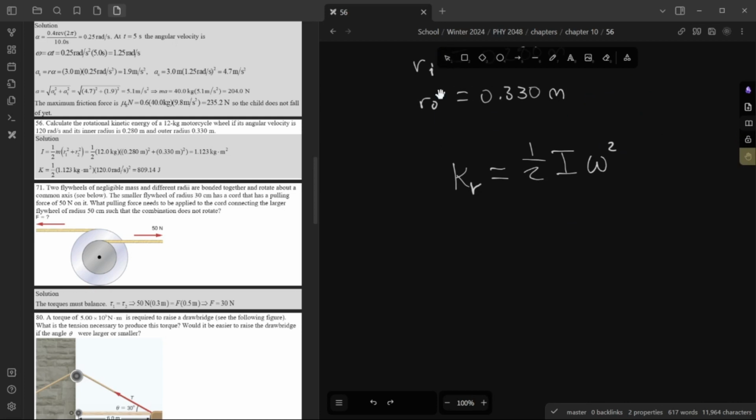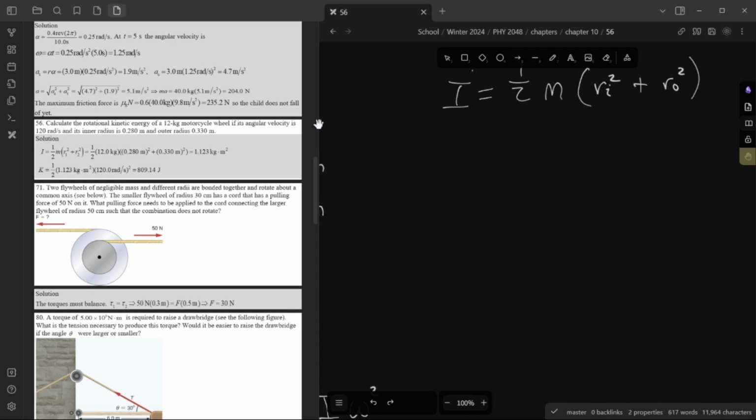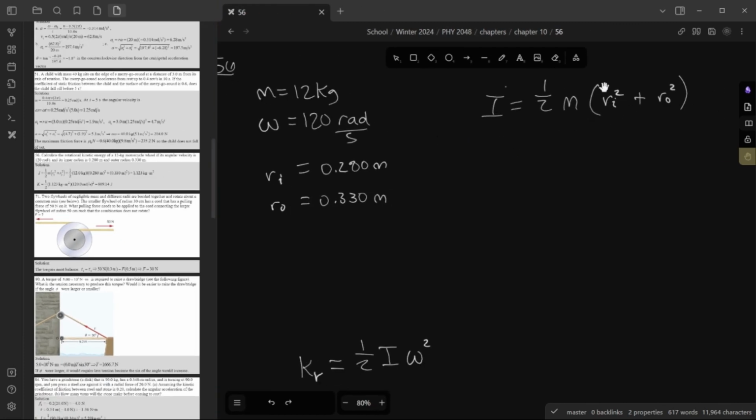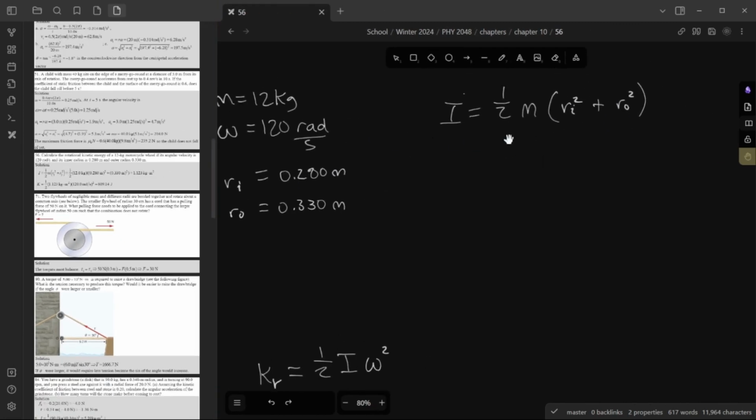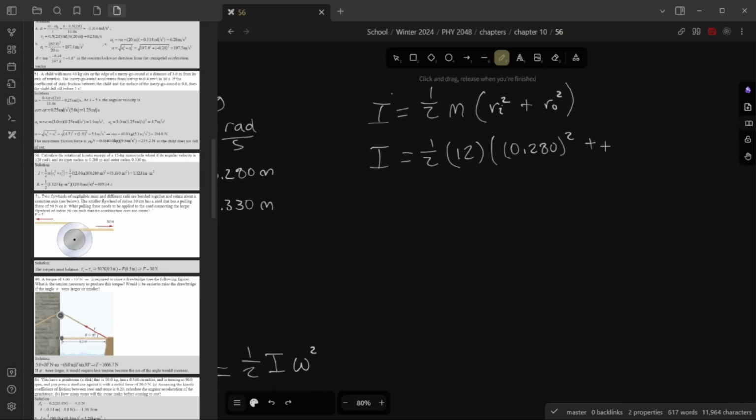But if we remember it, then the rest is pretty straightforward. We can just go ahead and plug everything in. We have all our variables. So I equals 1/2, our mass is 12 kilograms, and then our inner radius was 0.28 and our outer radius was 0.33 meters.